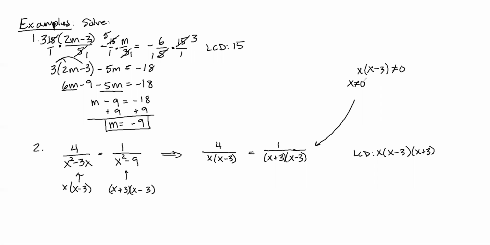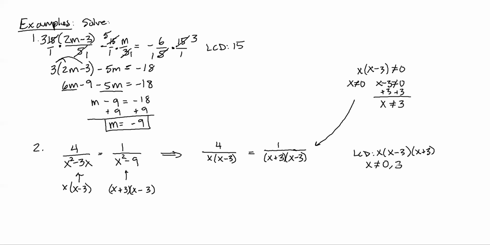That's already one of our values, so I'm going to add that over here. And then if we have x minus 3 cannot equal 0 and solve this for x, we get x cannot equal 3. So I'll add that to the list down here.